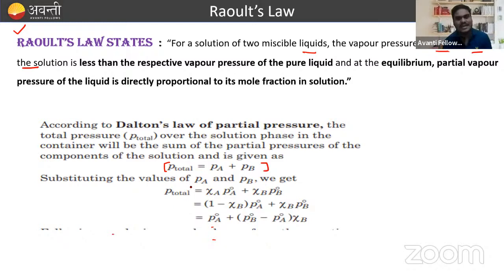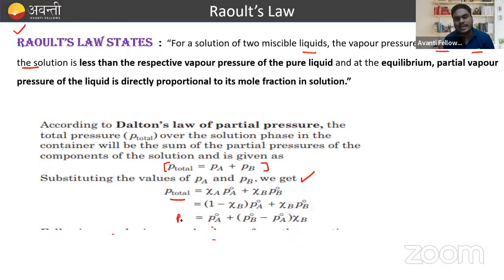Now substitute the values of PA and PB. What do we get, beta? P total comes out to be XA into P naught A, that is the vapor pressure in the pure state, multiplied by its mole fraction, plus the vapor pressure in the pure state of B multiplied by its mole fraction, that is XB. And we know that XA plus XB is equal to 1. So XA is equal to 1 minus XB.